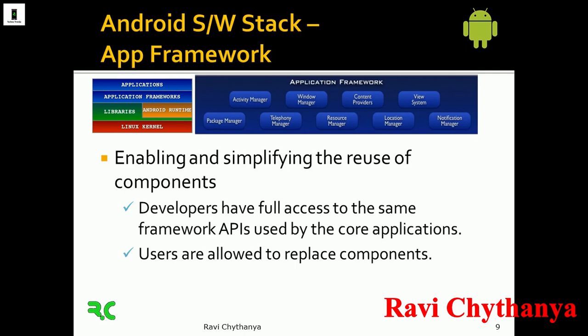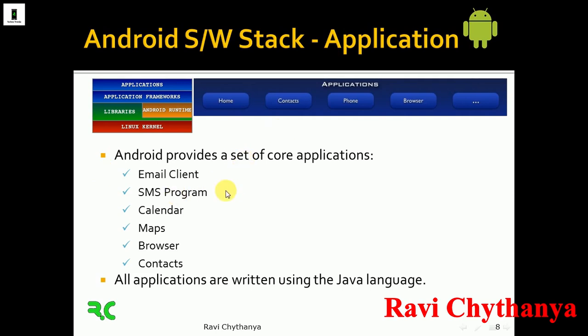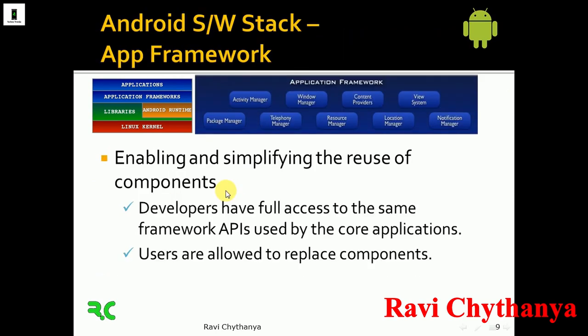If you look at SMS applications, like Truecaller or any other applications which we have seen, those all use this telephony manager to modify the core SMS program, and they have prepared their own application.